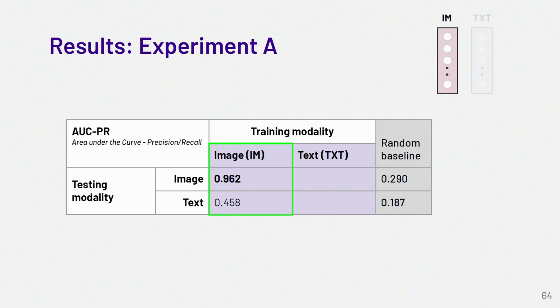Then we can start by looking at the results from experiment A, being the image trained classifier evaluated on the image and text test sets separately. When we evaluate this image trained classifier on text, we get an AUC score of 0.458, which is significantly lower than when evaluating on images.